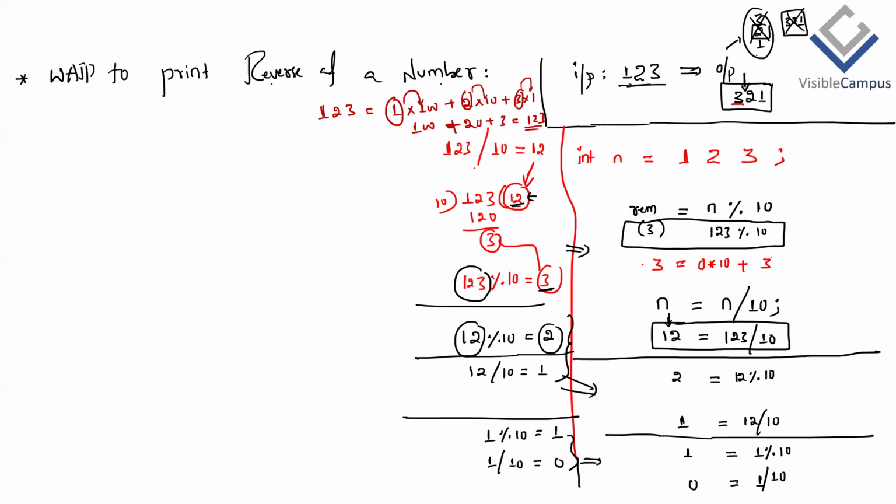Then take the previous result and again multiply with 10 only, then add the current step remainder. Here is the first step remainder, here is the second step remainder. 3 tens are 30. 30 plus 2? 32. Then use this number 32, multiply by 10 plus this step's remainder, 1. What will become? 321, which is our number, right?